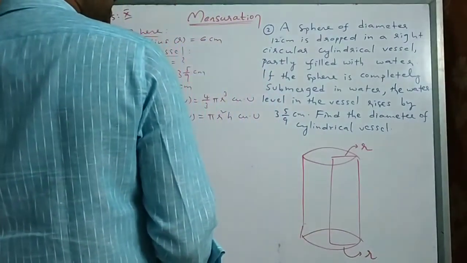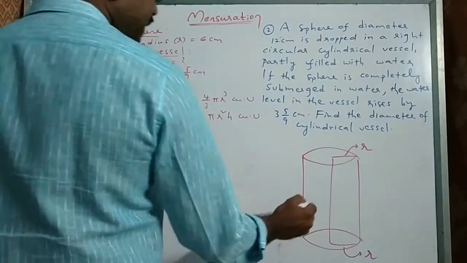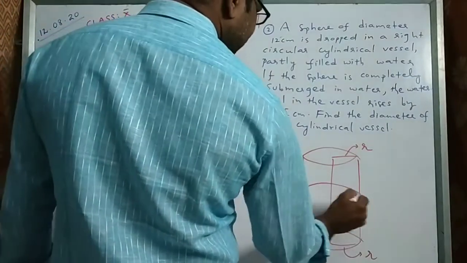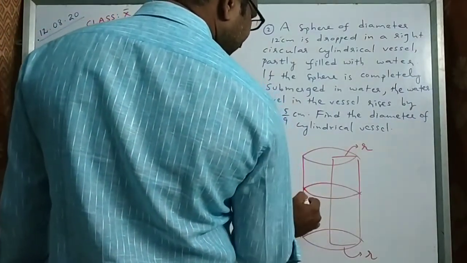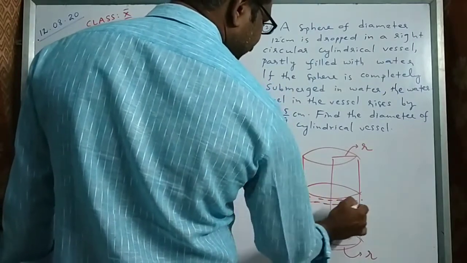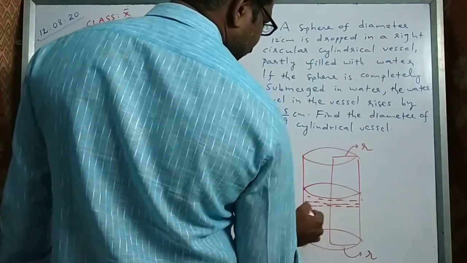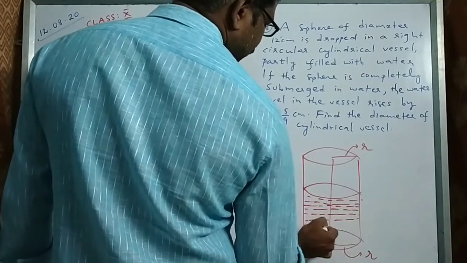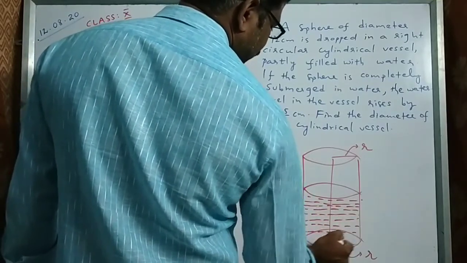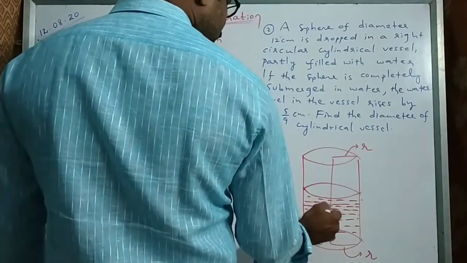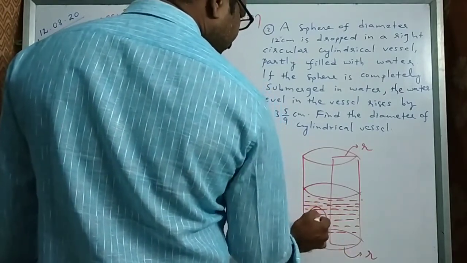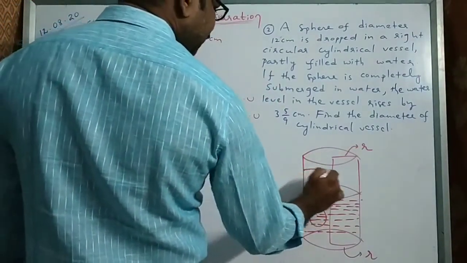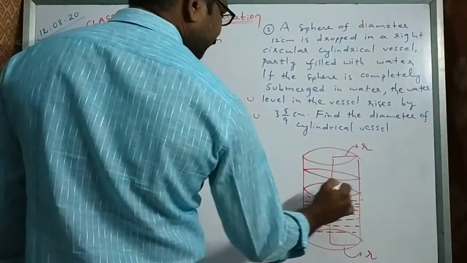A sphere of diameter 12 cm is dropped in a cylindrical vessel partly filled with water. So it is somewhere up to here water is there. Suppose one sphere is dropped here, so immediately this water will rise up.